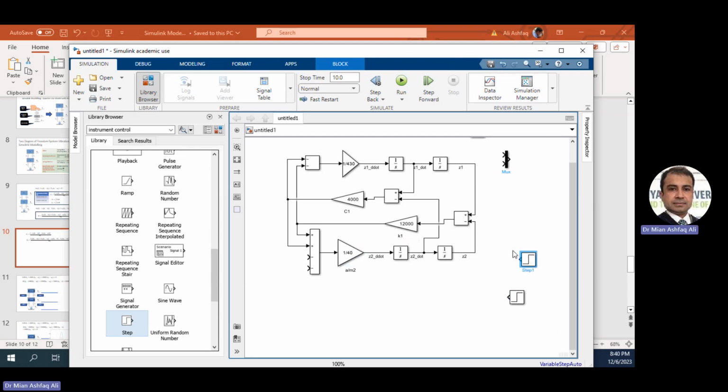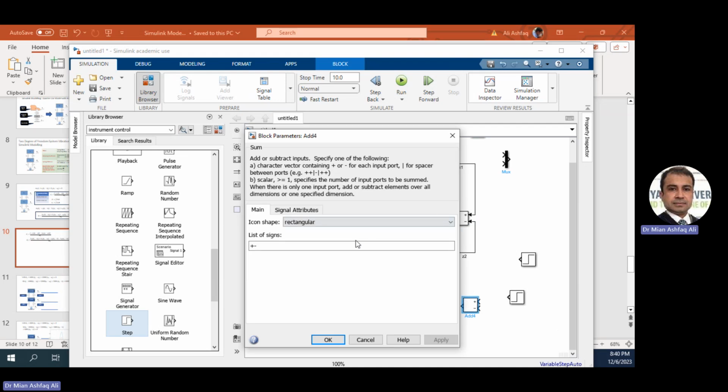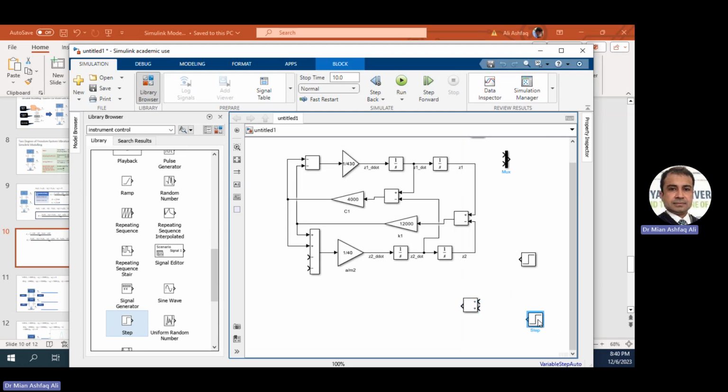Control invert. And then I can simply add them like this one, plus plus. I need to see a combination of those two step functions in order to get some road profile input.